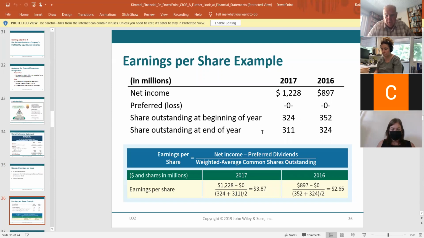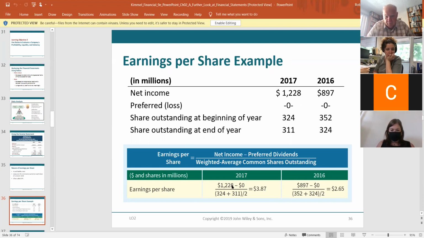We want to take the average of the shares outstanding at the beginning and at the end of the year. So that's what, 324 plus 311, that's 635. You divide that by 2 and you get a number. They're not showing you the number, but you get the average number there. It would be about 316 or so, I guess, huh?